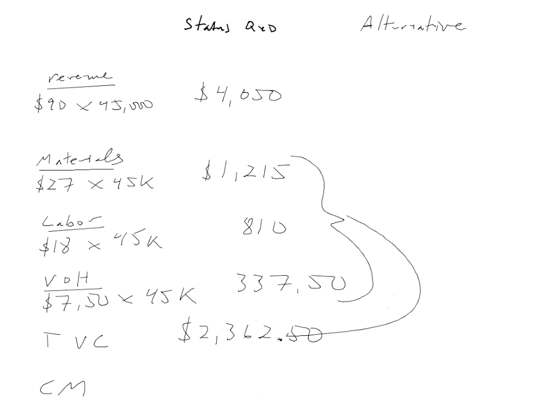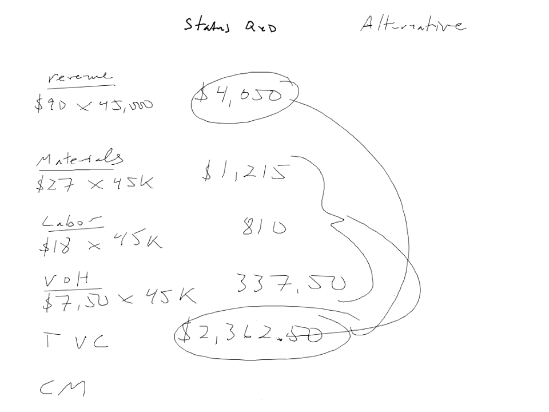Contribution margin, all that is the 4,050, you subtract the 2,362 and 50 cents, and you get 1,687 and 50 cents. So that's going to be your contribution margin for the status quo.